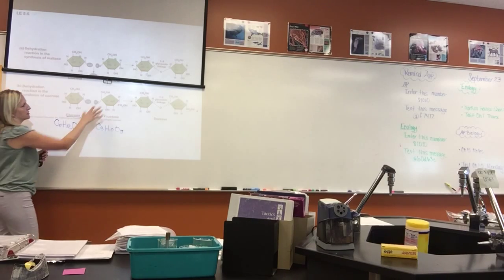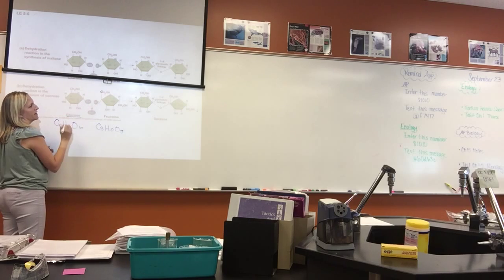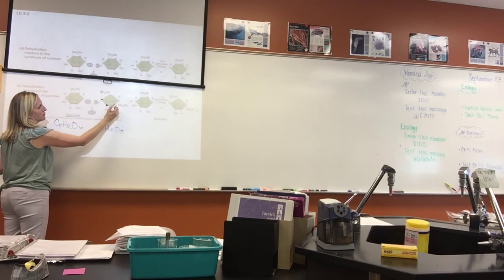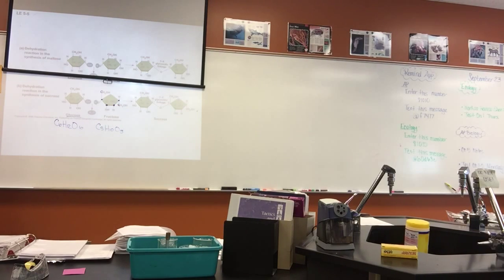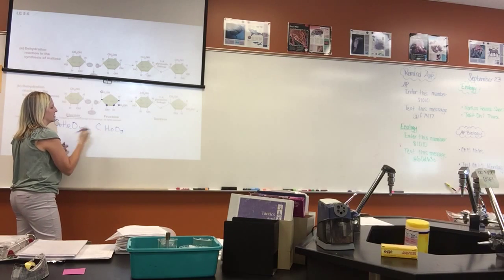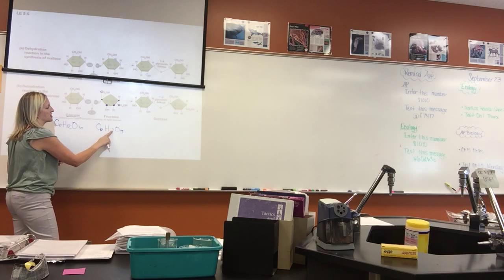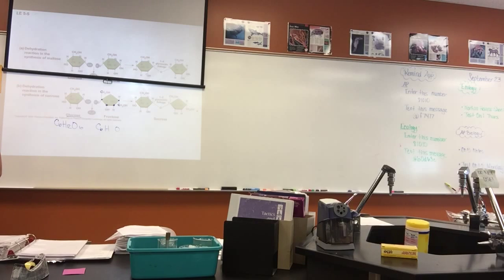So fructose is this whole molecule here. Let's look at the C's. 1, 2, 3, 4, 5, 6. See how there's 6 C's there? All right. So let's change that to 6. Then we're going to change these 2 as well. So how many H's? 12.